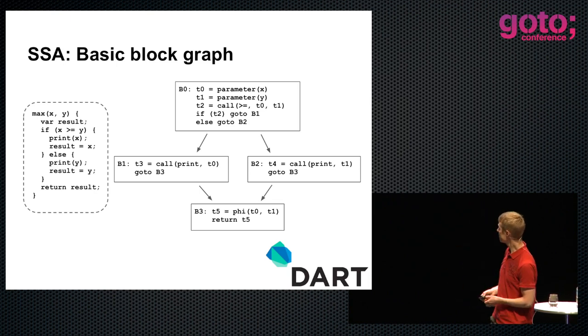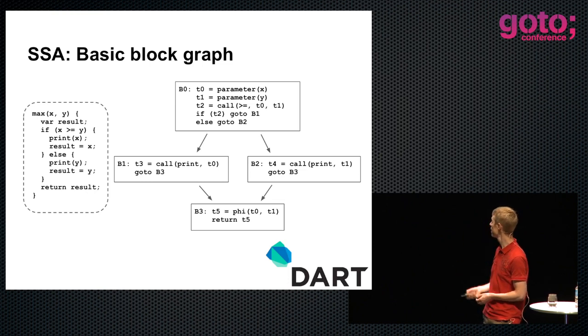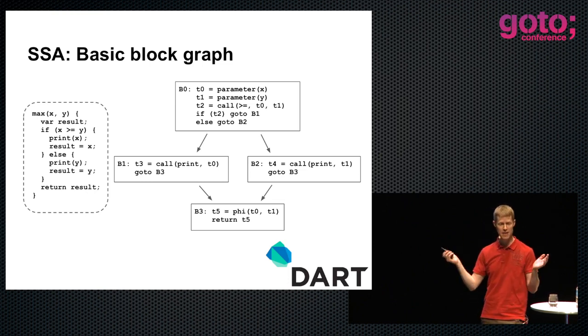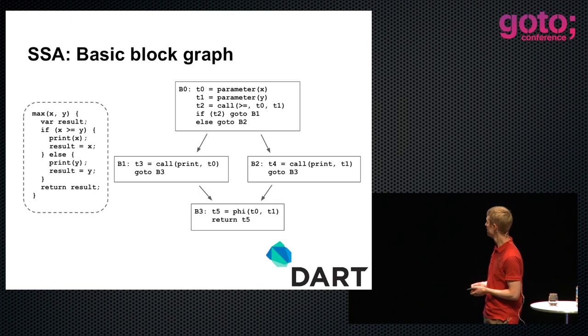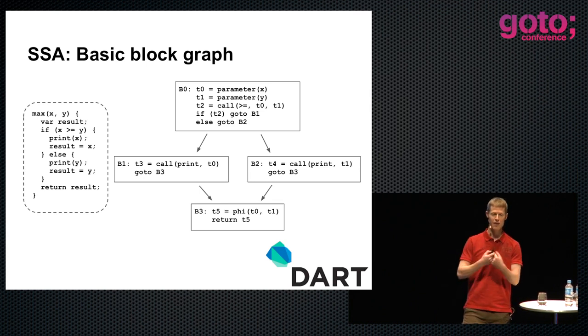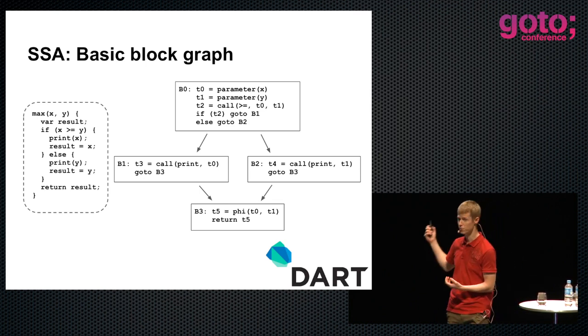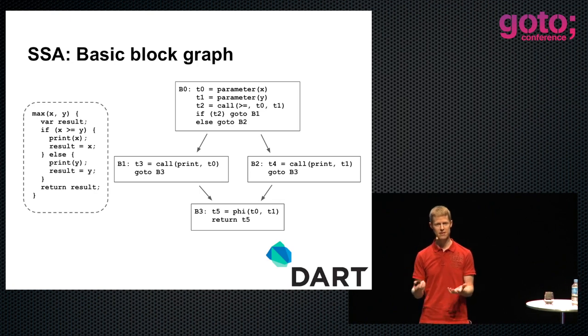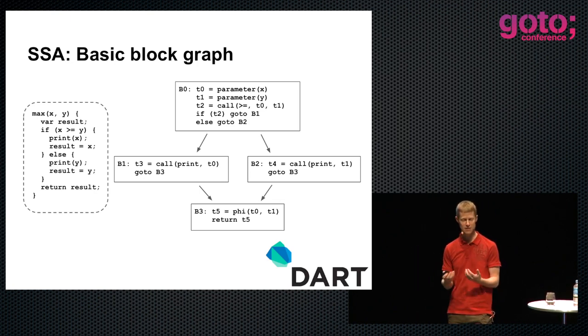The basic block on the left will call print of x, and the basic block on the right will call print of y, and then they will join forces again at the return side, and we'll end up returning either x or y depending on if we executed B1 or B2. The trick with static single assignment form is that you end up having what we call phi nodes in the graph.